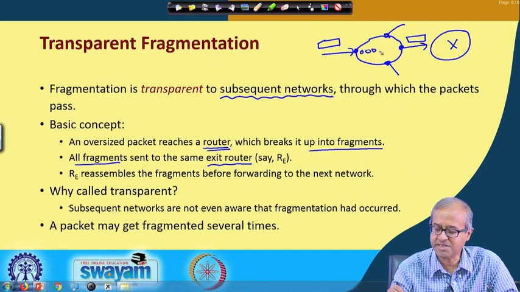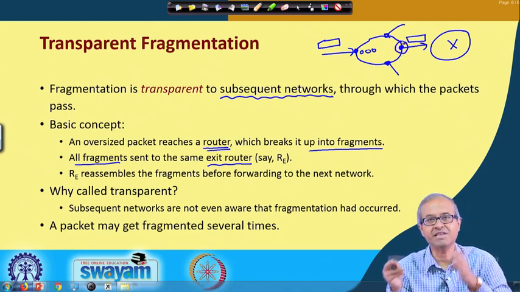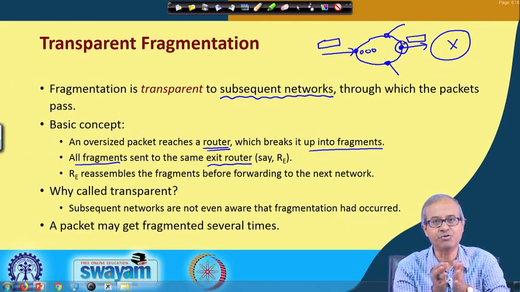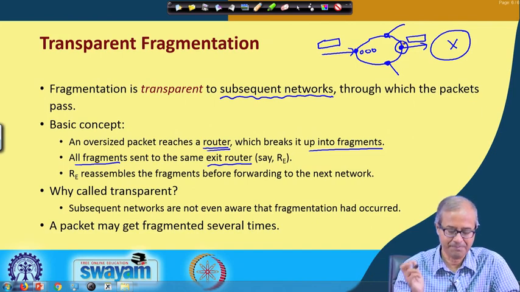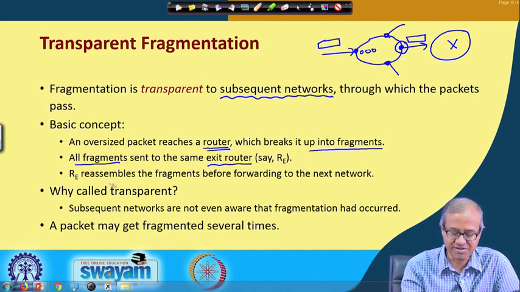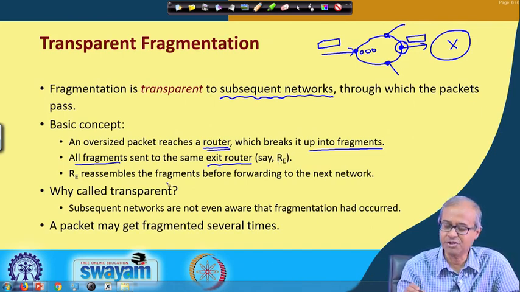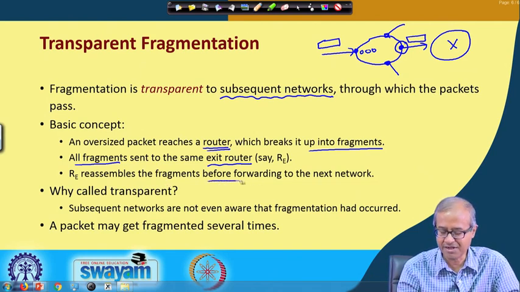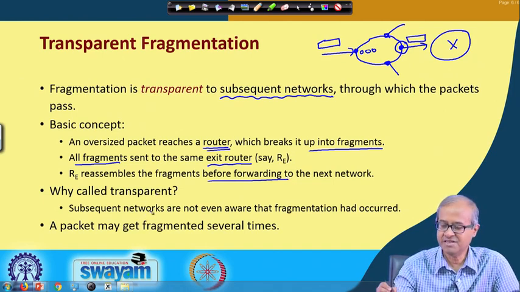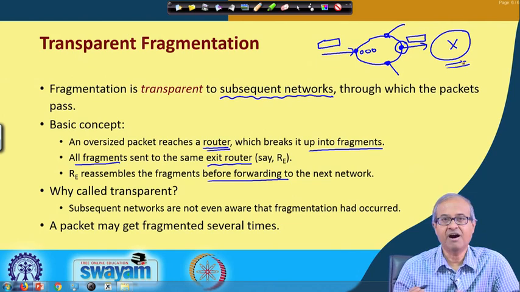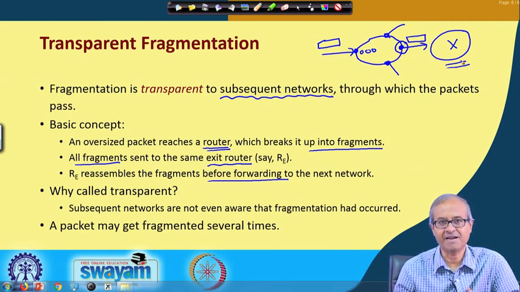So, all the fragments must be sent to the same exit router, so that the exit router is able to do the reassembly and put the fragments back together again. This RE will reassemble the fragments into the original packet before it forwards to the next network. This is the basic idea. Okay? This is called transparent because the subsequent networks are not aware of the fact that fragmentation is taking place.